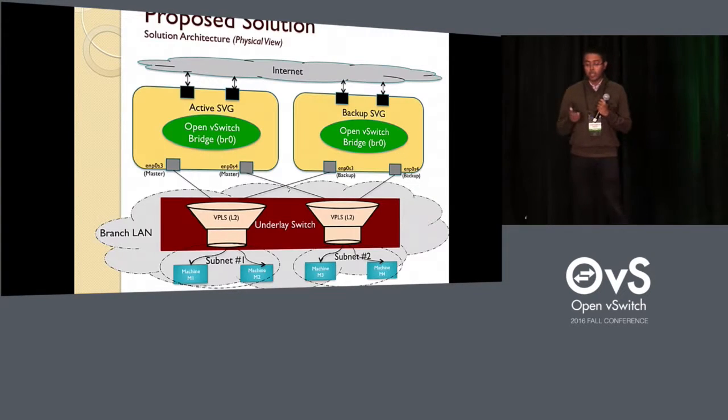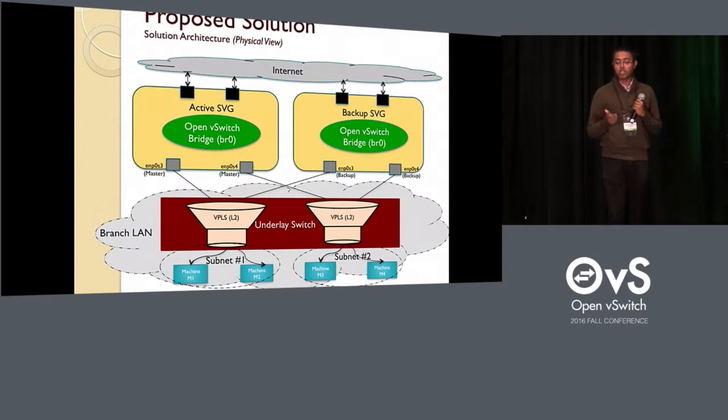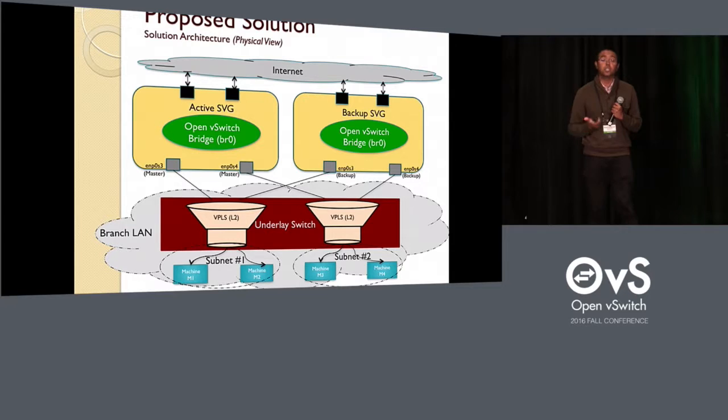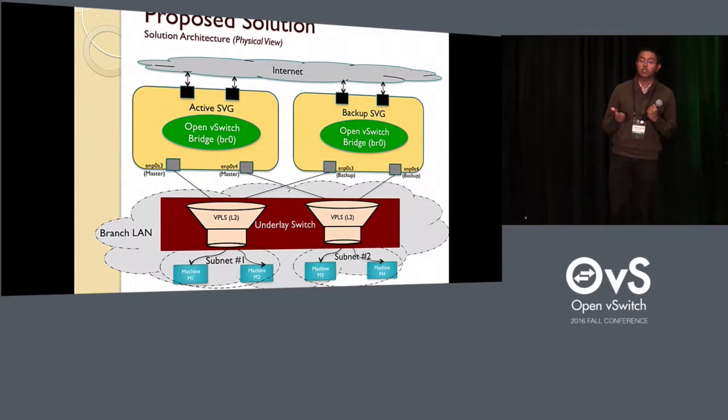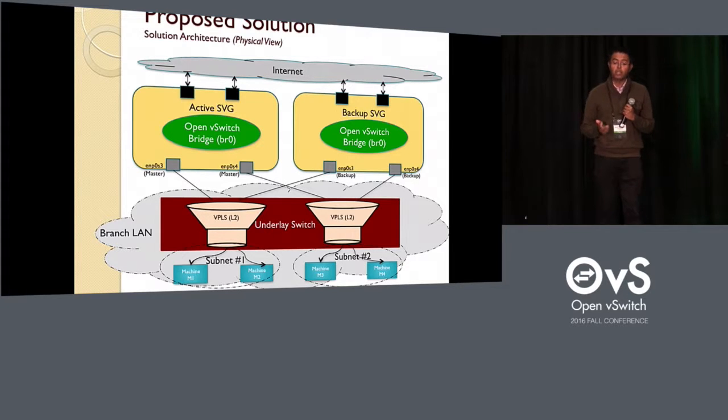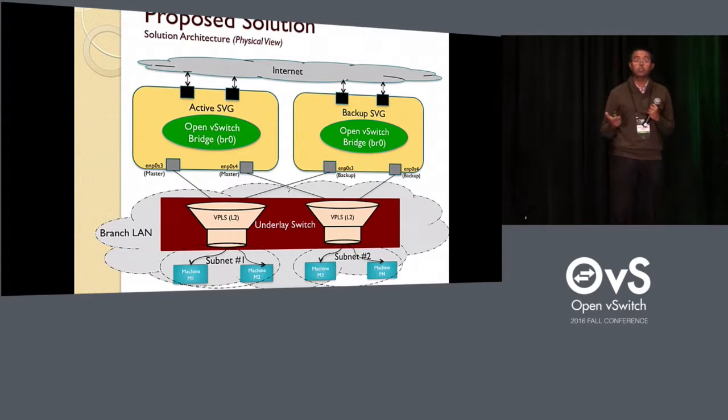I will spend a few minutes on the proposed solution at a higher level, and then we will go deep depending on the time we have. What we are suggesting here is that we deploy the virtual gateways in active and backup mode.